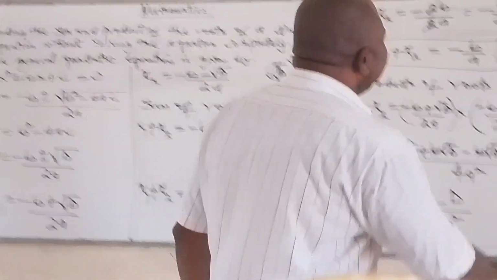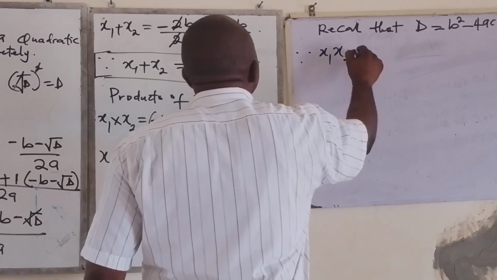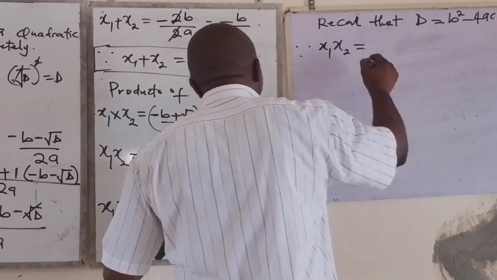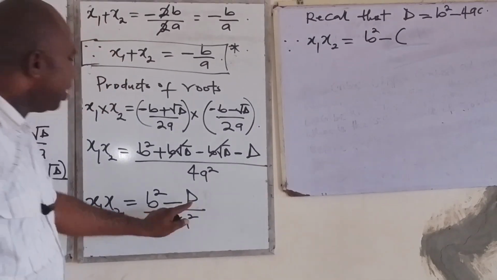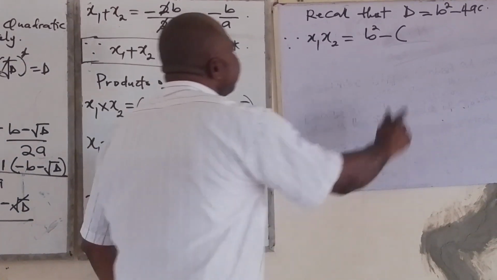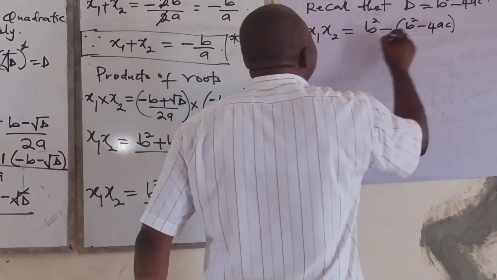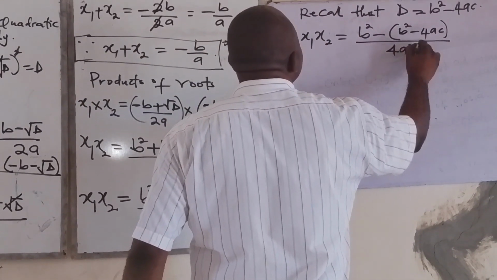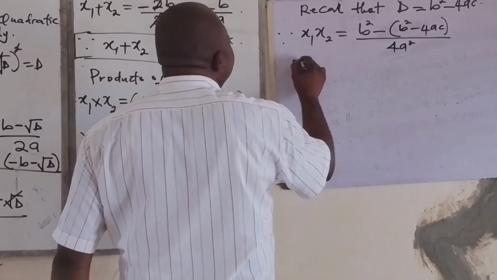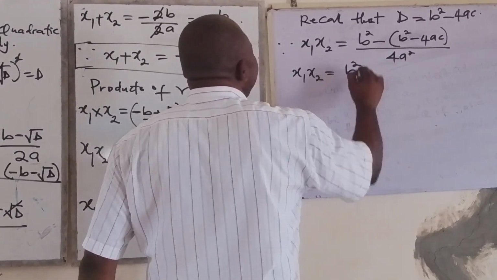So it therefore means that the value of our x1 x2 will be equal to b squared minus the value of d, and d is b squared minus 4ac, everything here all over 4a squared. So our x1 x2 will be equal to b squared.